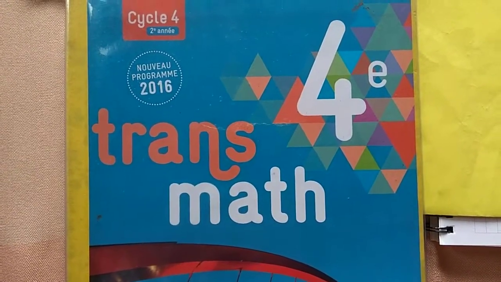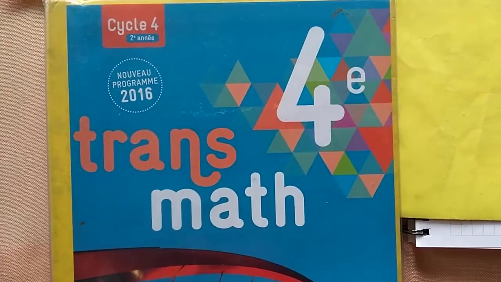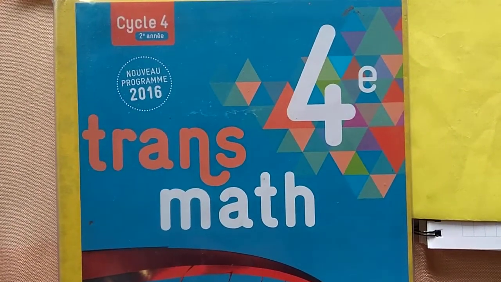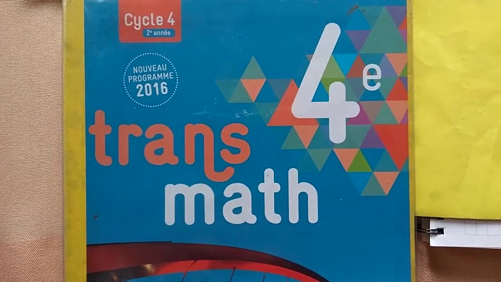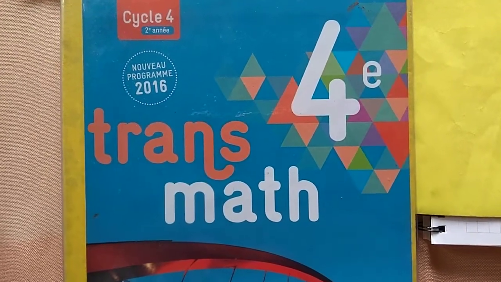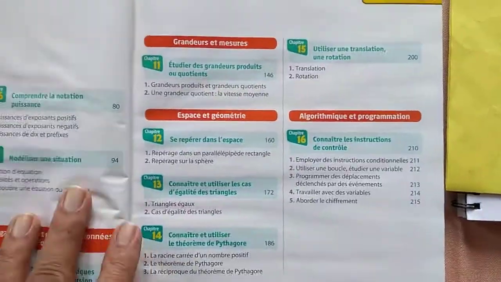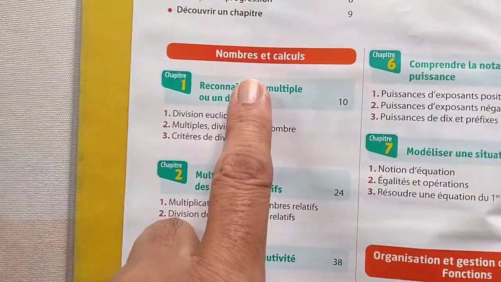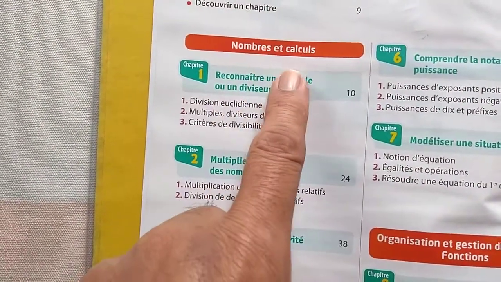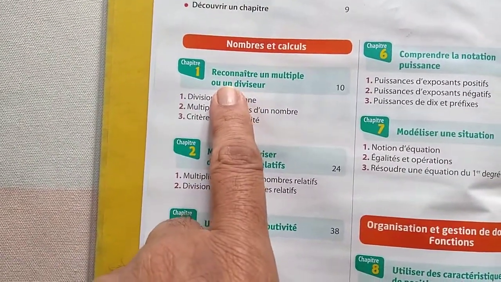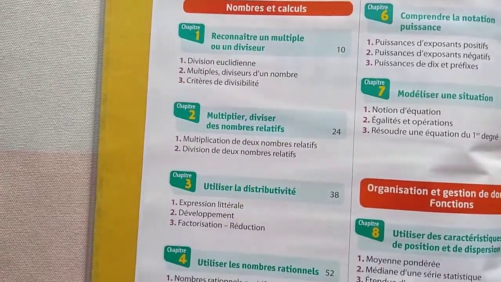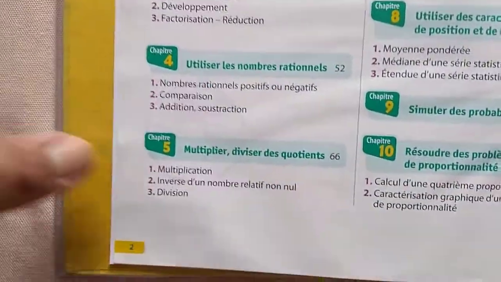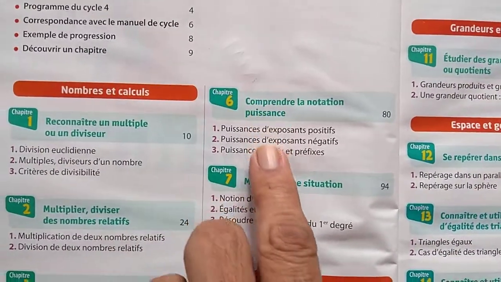We start with a few chapters from the last book, Transmath 4, because I learnt that there were 7 chapters in this book that you haven't done in any detail. These chapters are all these nombres et calcul in this section, chapters 1, 2, 3, 4, 5, 6 and 7.